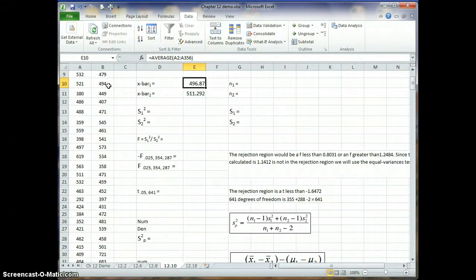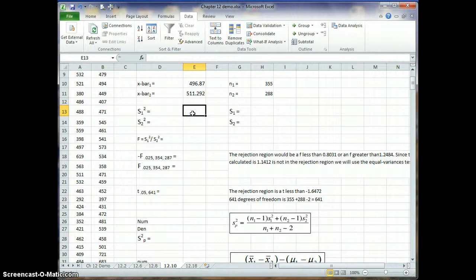Now we know, because A2 to A356 means N1 is 355, and here B2 to B289 is 288. If you weren't sure how many were there, you could use the count function and highlight the range the same way I did to create the sample mean calculation.